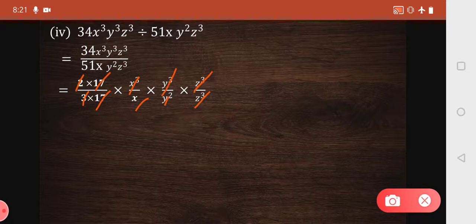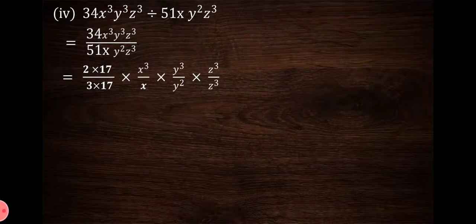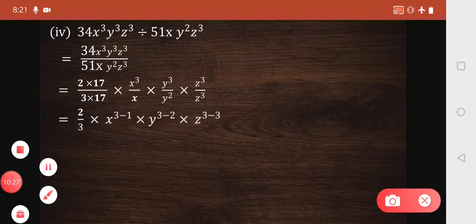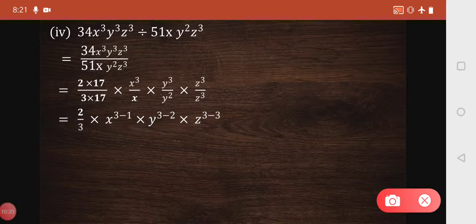Now, after that, we will see what we can do further. First we will start with our numerical coefficient. Here you can see we can cut 17. Now x cube upon x, using the law of exponents, that is, if the same base with different powers is divided, the powers are subtracted. So we write multiply by x raised to 3 minus 1, multiply by y raised to 3 minus 2, multiply by z raised to 3 minus 3.